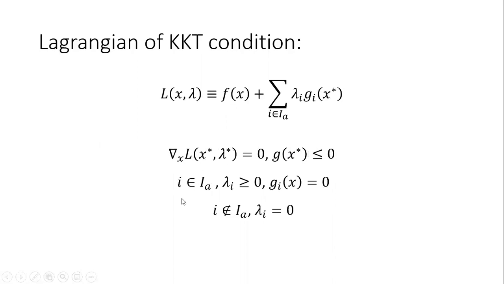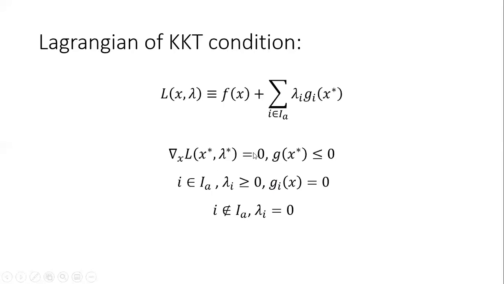And for active constraints, the Lagrange multiplier is greater or equal 0, and we saw that the constraint itself equals 0. And when the constraint is non-active, it gets a Lagrange multiplier that equals 0.